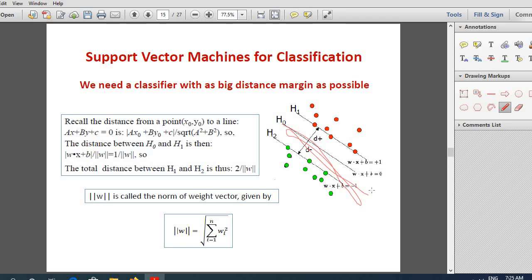H naught is one hyperplane that can separate the data, and the equation of that line or hyperplane is Wx plus b is equal to 0. A straight line equation is of the form mx plus c, so similarly we write Wx plus b is equal to 0.